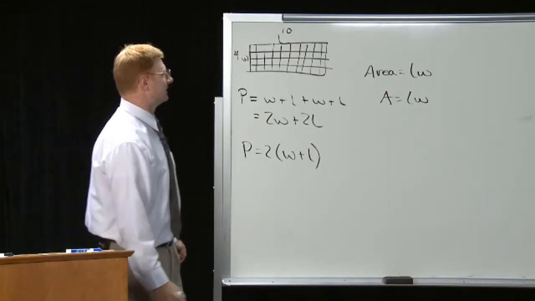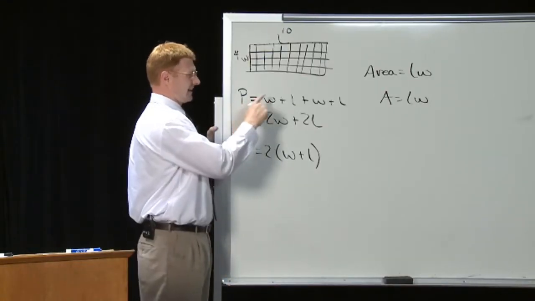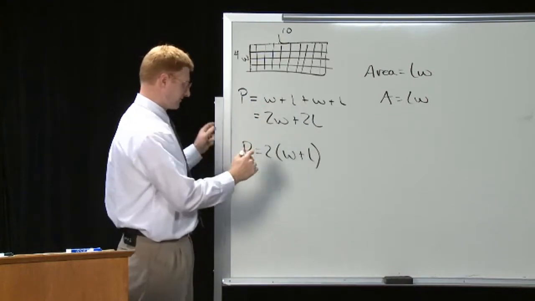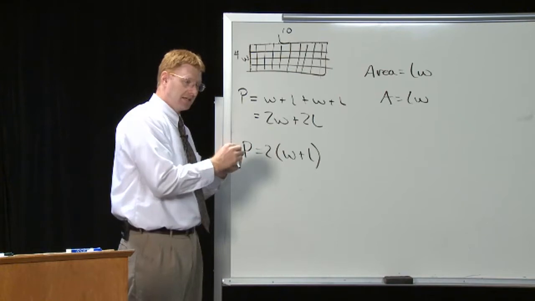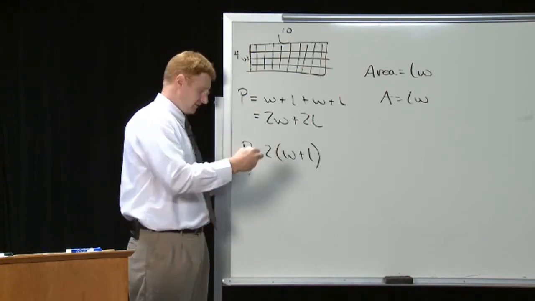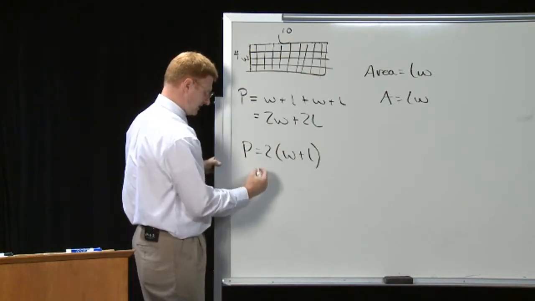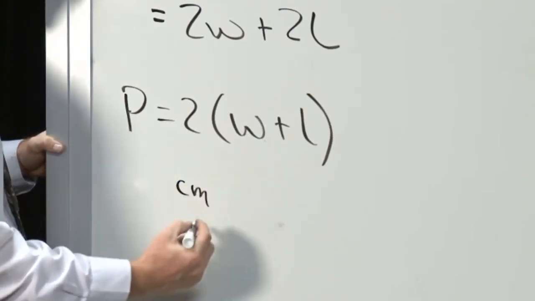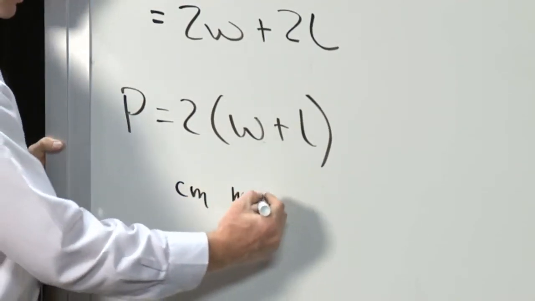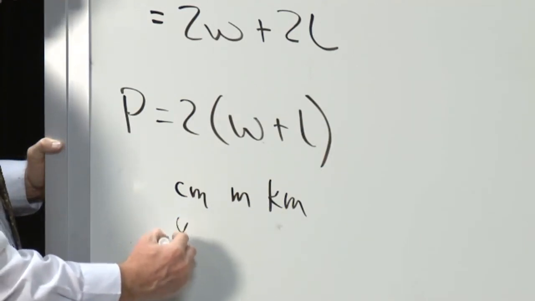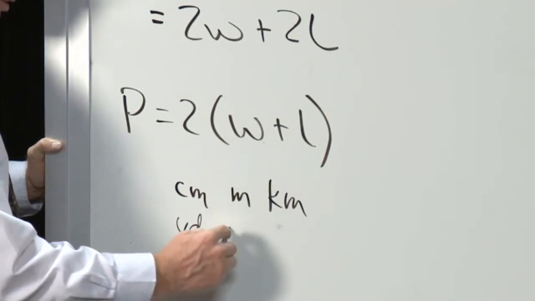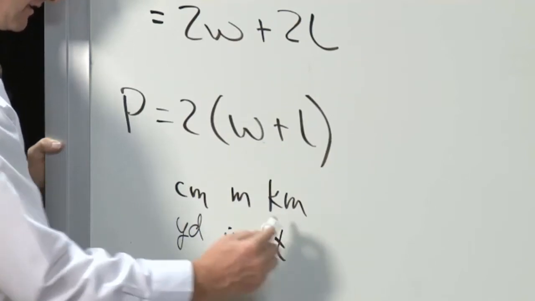Now you should note that perimeter and area are measuring something completely different. This is a one-dimensional object. Dimension meaning how many ways you can measure it. So here, when you get this, your answer will be in centimeters, or meters, or kilometers, or yards, inches, feet.